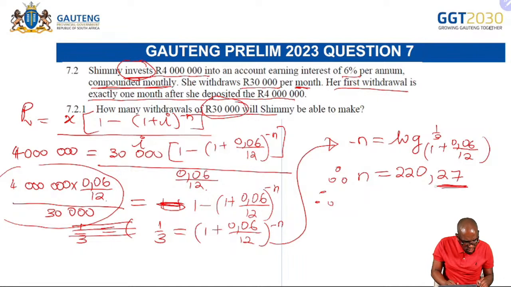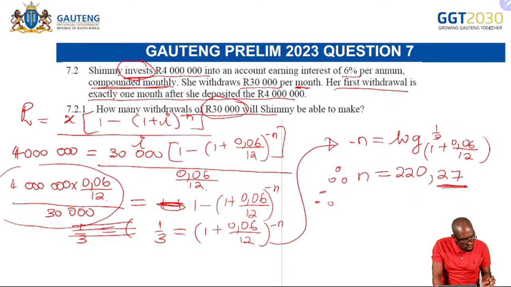So in this 220.27, the 220 represents the withdrawals of your annuity amount, and the fraction .27 represents a certain portion that would also be withdrawn on the 221st withdrawal. It would be an amount that is less than 30,000. That is why it's given by just that small fraction there.